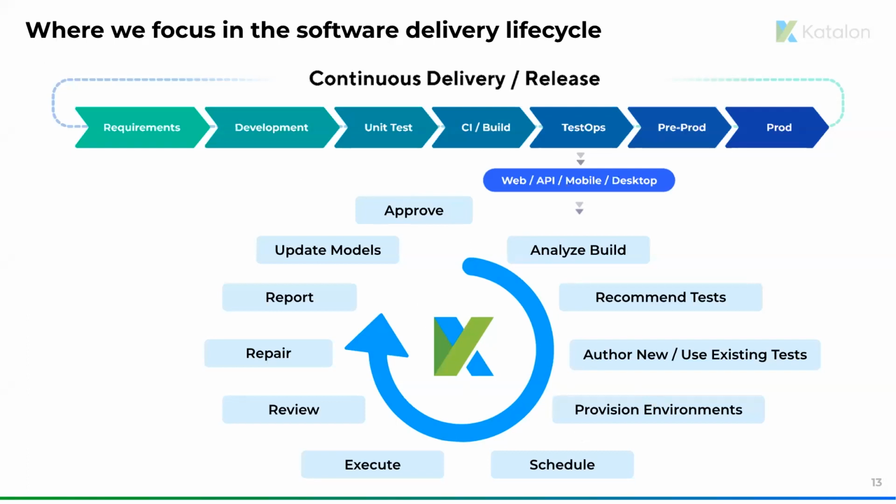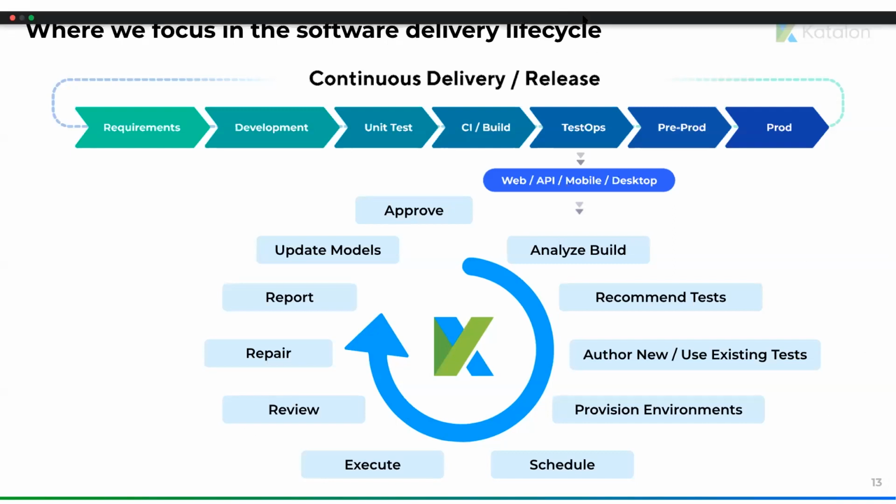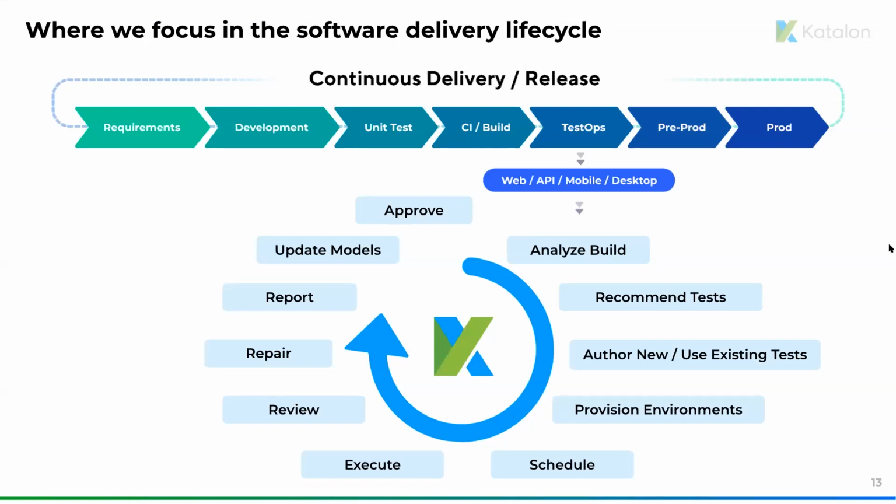You'll be able to add unit test cases which have a JUnit kind of reporting that can be integrated with TestOps, but not developed. But other things like authoring new test cases, provisioning the environments, as I've shown you, scheduling, executing, repairing, all those things are basically provided by Katalon Studio.